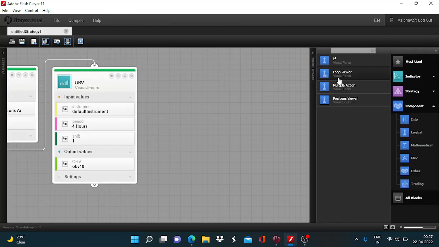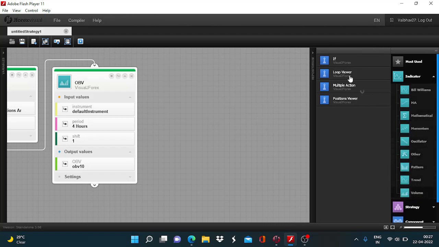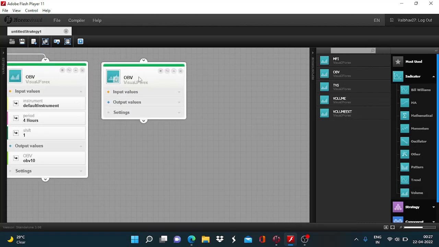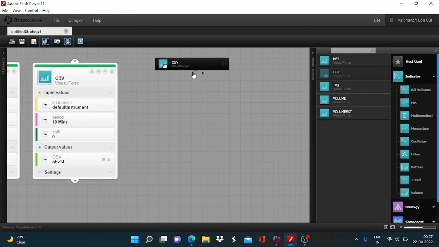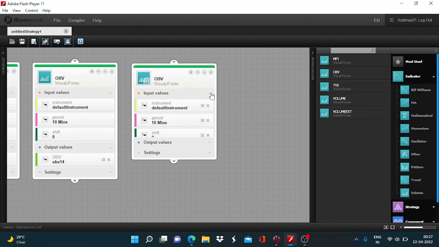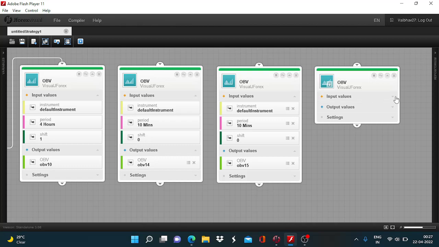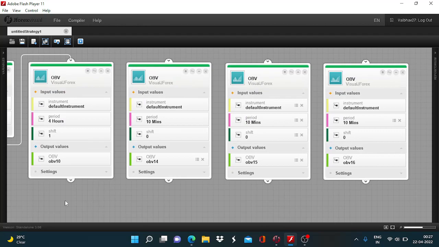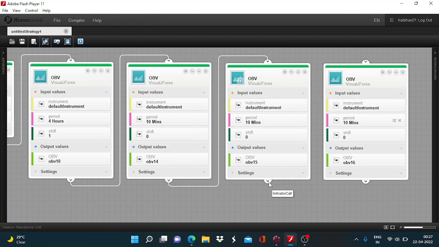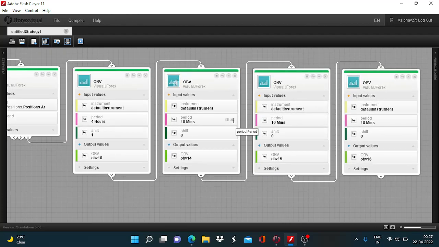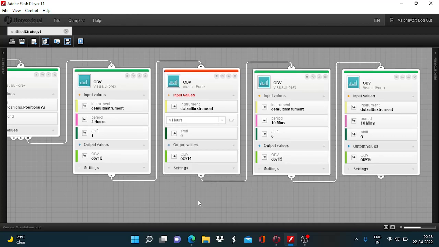We are going to need a couple of these OBV blocks now. This will be changed to 4 hours, and we will have the interval of 8 hours.